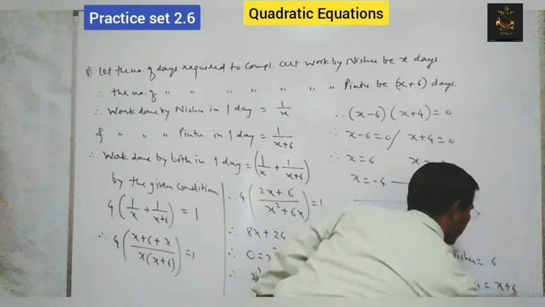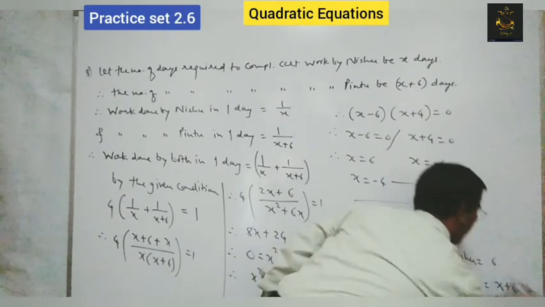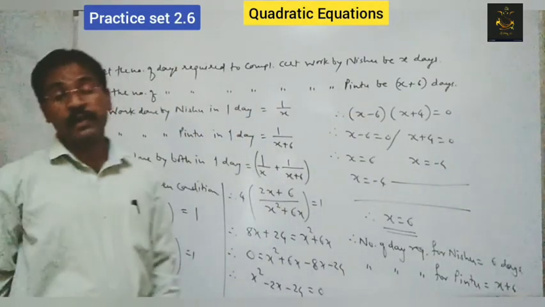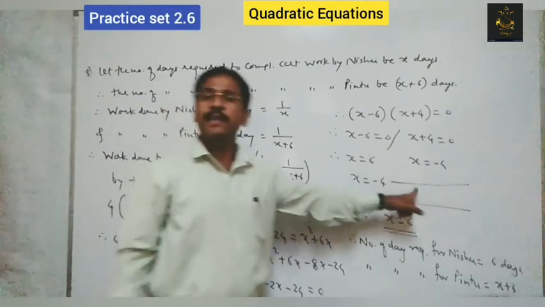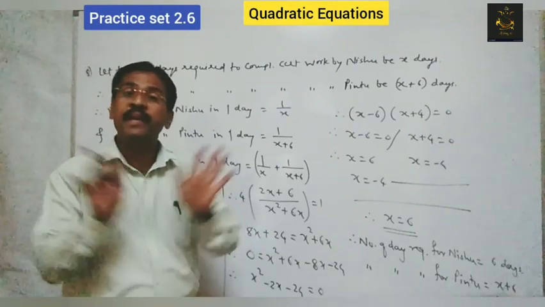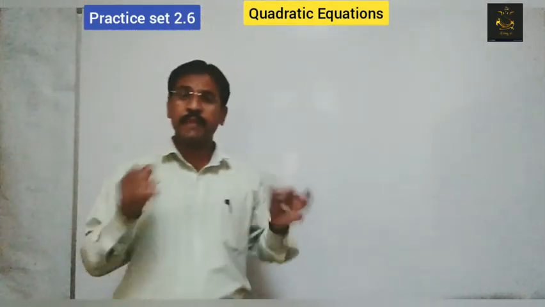So x plus 6, that is 6 plus 6, 12 days. Understand? This is a very, very important one. What we write here: x equal to minus 4 is not considerable because days can never be negative. Understand? Friends, in the 9th sum, they are given to us.